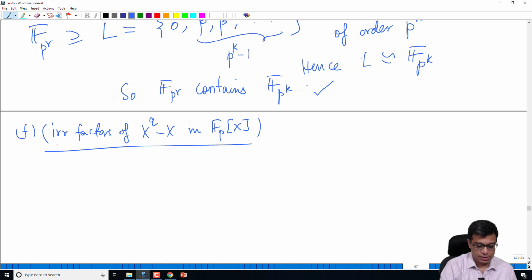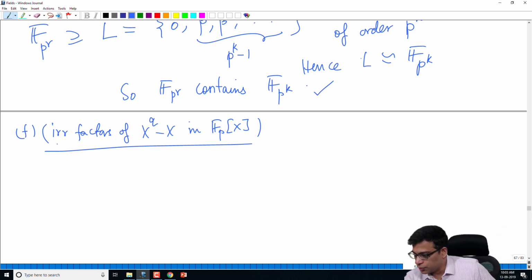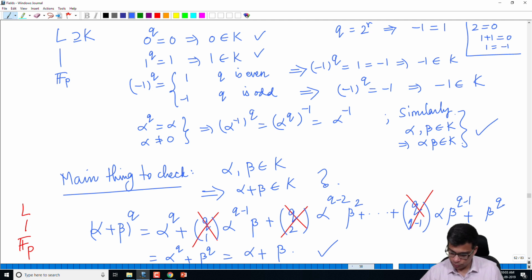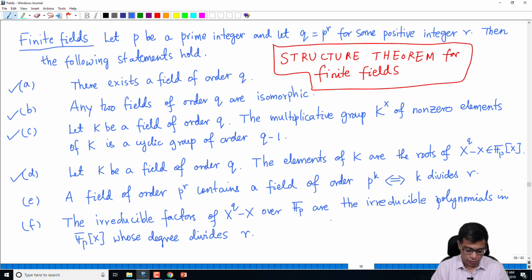The last part is this. Okay, so let's prove this. Let me show you the theorem: the irreducible factors of x power q minus x are the irreducible polynomials in Fp[x] whose degree divides r.